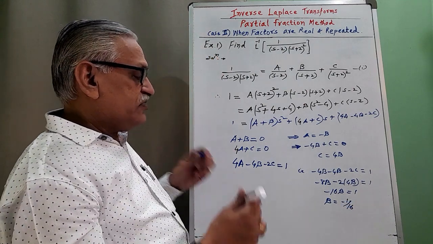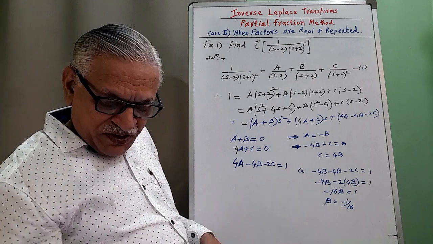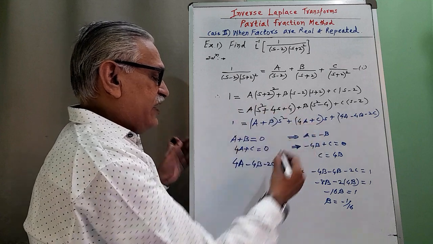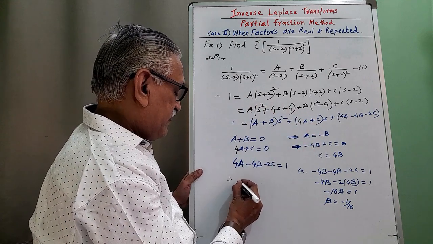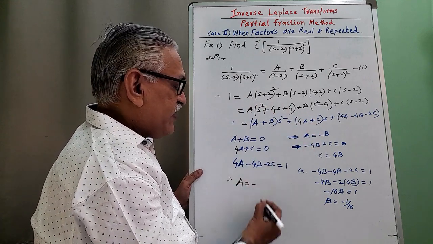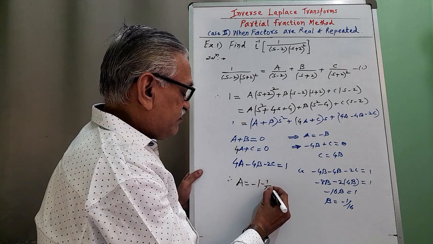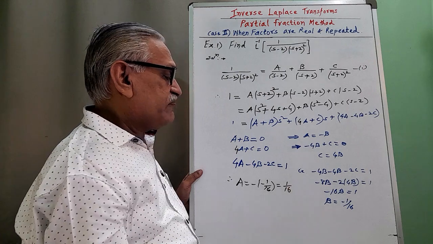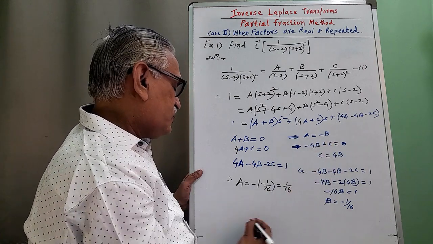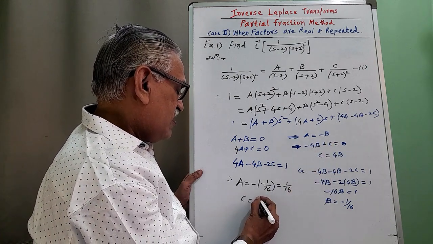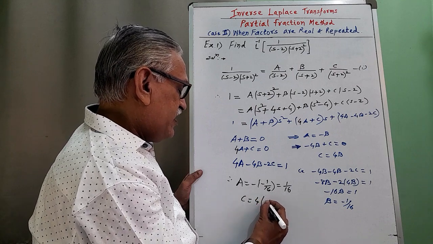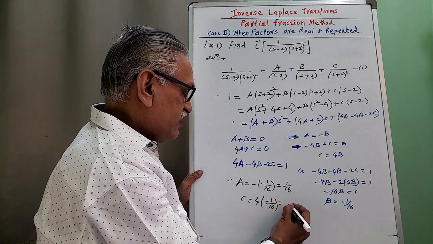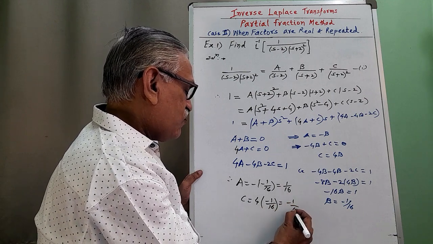Substituting that value here, we get the value of A as minus of minus 1 by 16, that is nothing but 1 by 16, and C is equal to 4 times B, the value of B is minus 1 by 16, 4 by 16, we get minus 1 by 4.